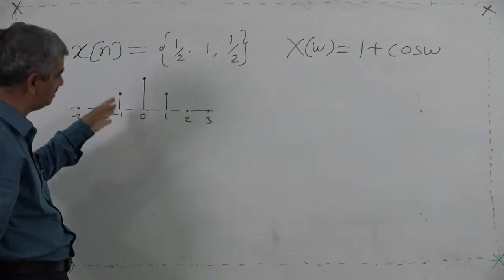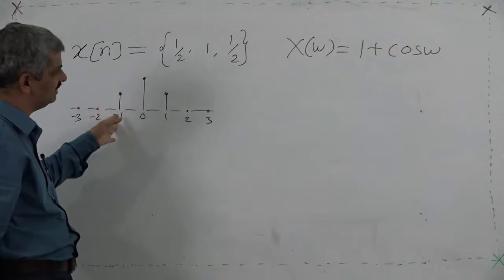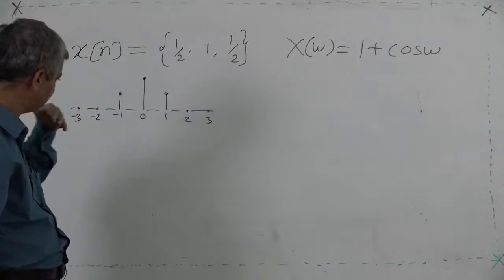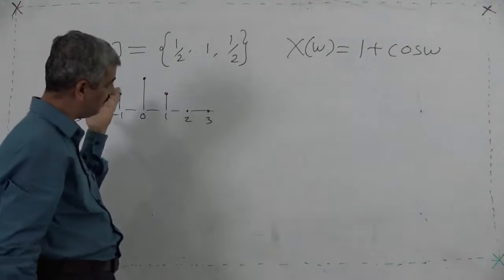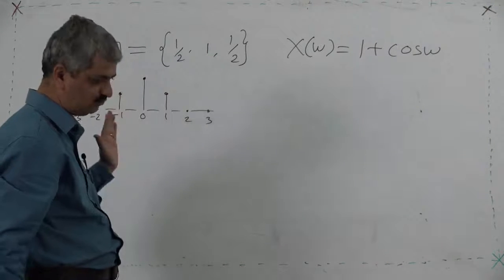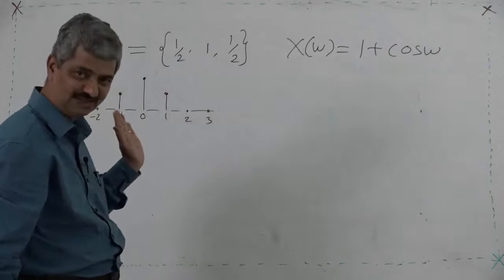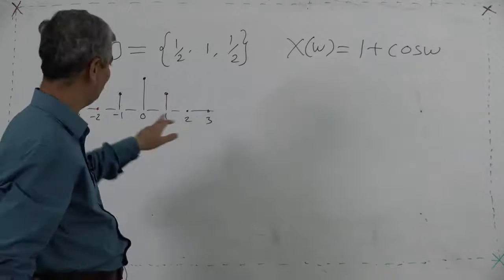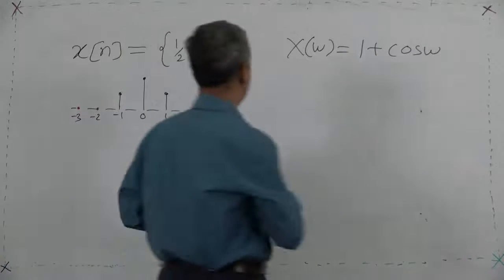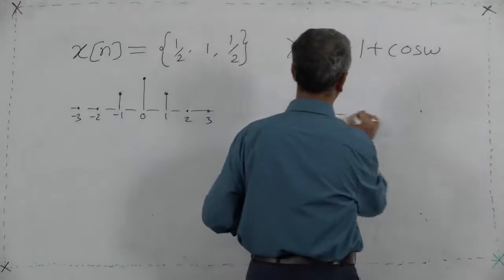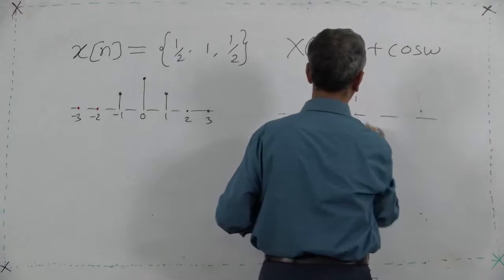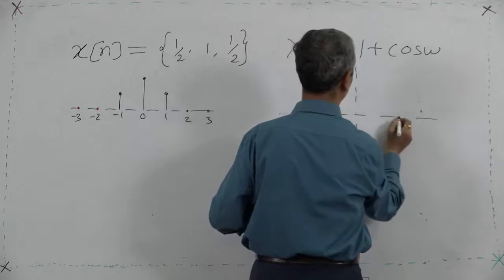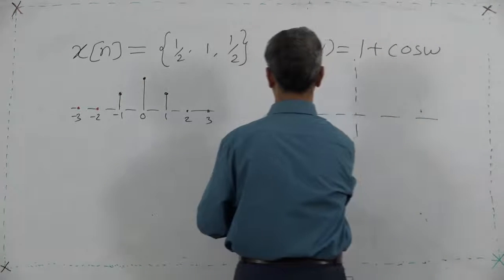So the terms get added, and half remains outside, e raised to j omega plus e raised to minus j omega is 2 cos omega. So half times 2 is cos omega, and for this we get 1. The DTFT is also plotted here.